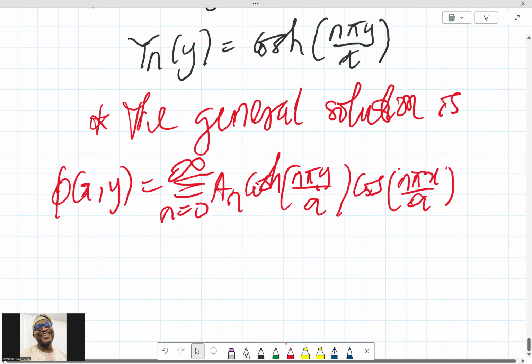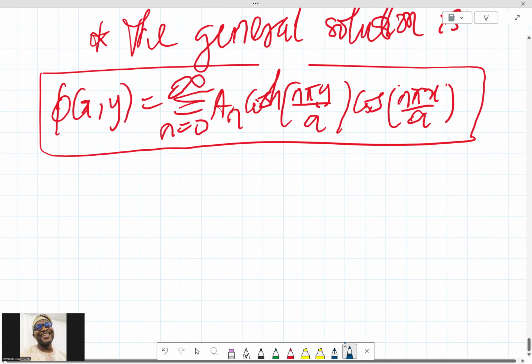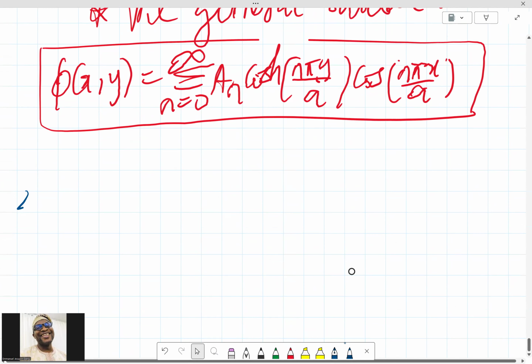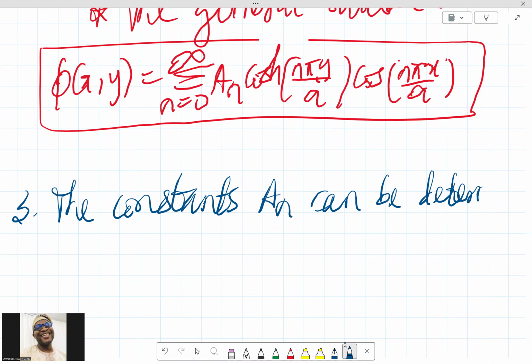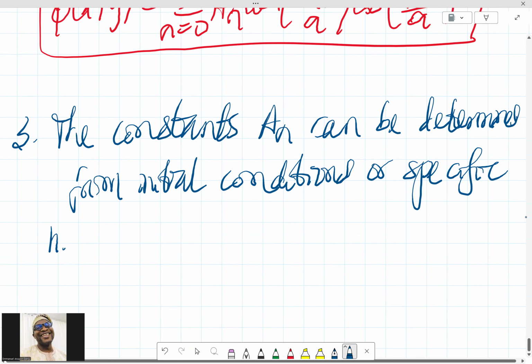So this is the general solution in this situation. So the constants A_n can be determined from initial conditions or specific heat flux values.